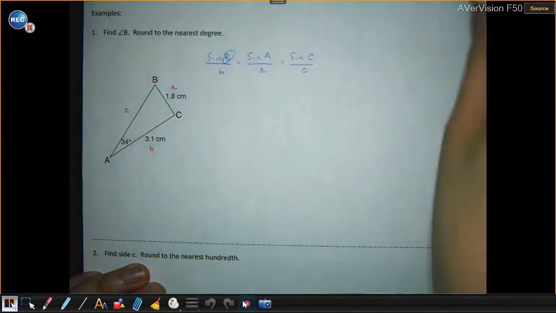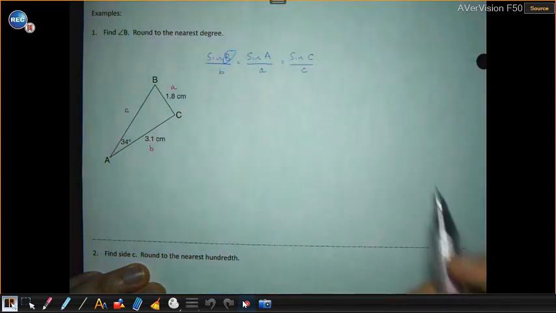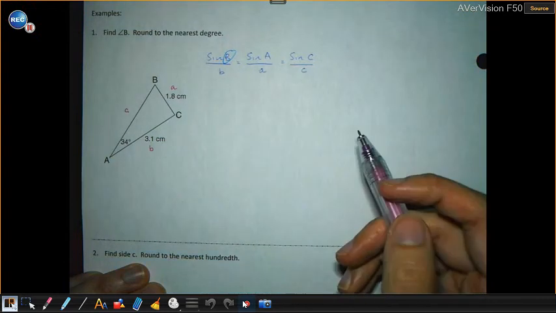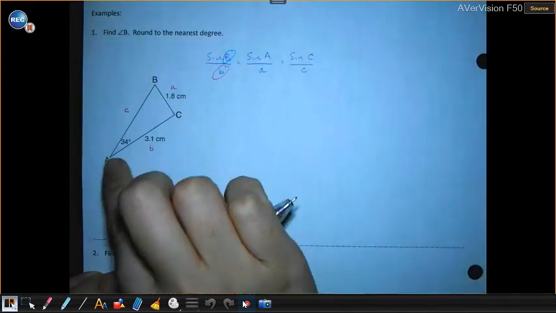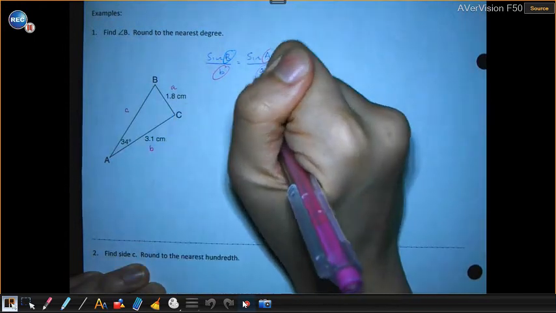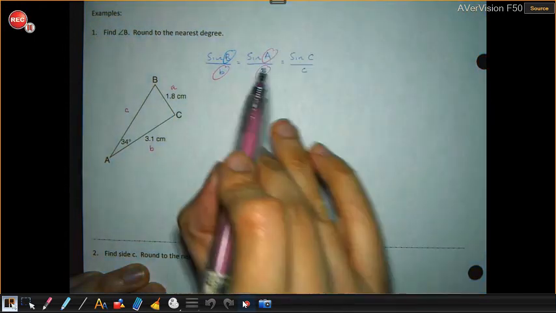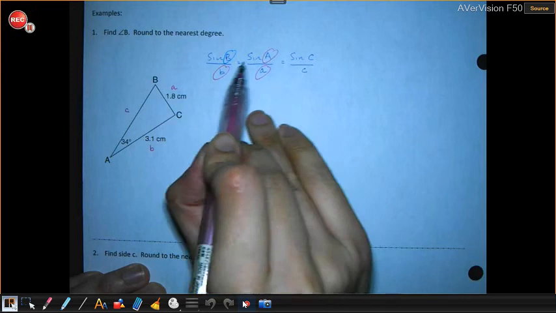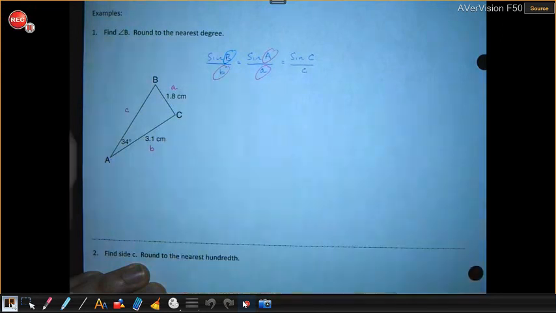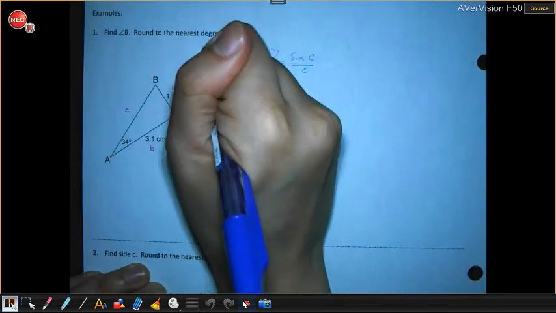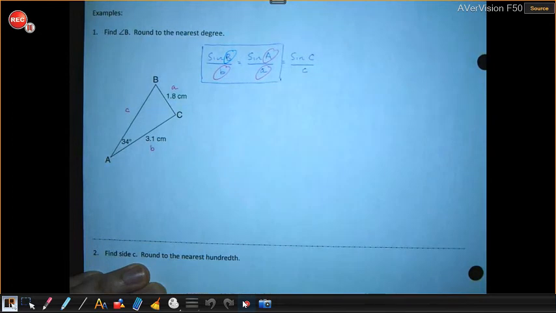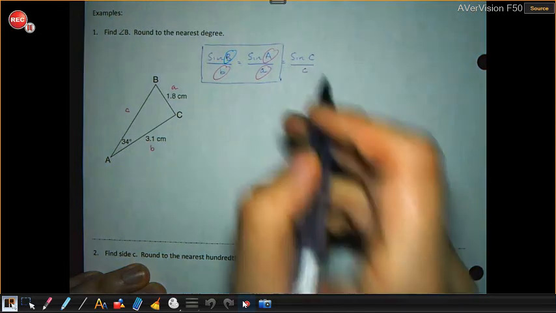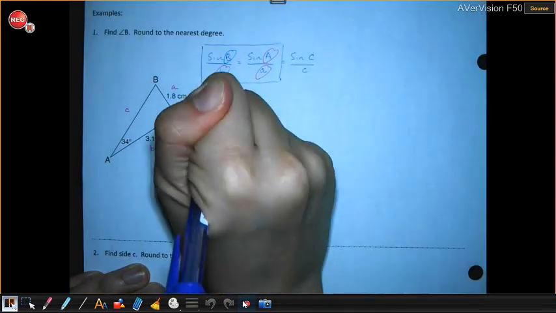And what are we given? I'm going to circle the ones that are given with the pink pen. We're given side b, we're given angle A, and we're given side a. Since these three are given and we're trying to find angle B, I'm going to use this side of the formula to solve for angle B. So let me sub in what's given.